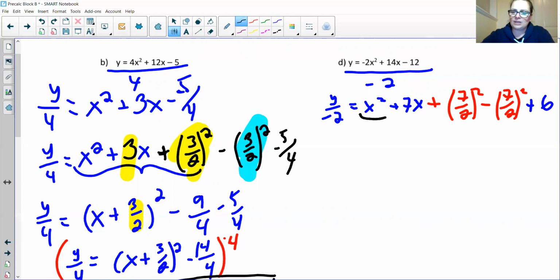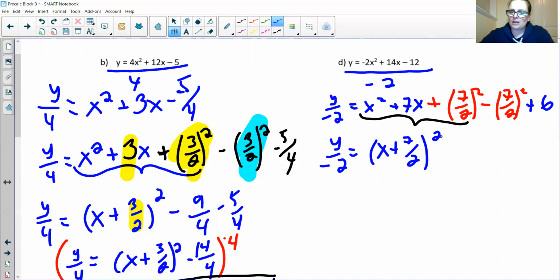All right, now I'm going to combine those into a squared term. So I'm going to get y/2 equals x plus 7/2 squared. And I'm going to expand this to 49/4 plus 6.